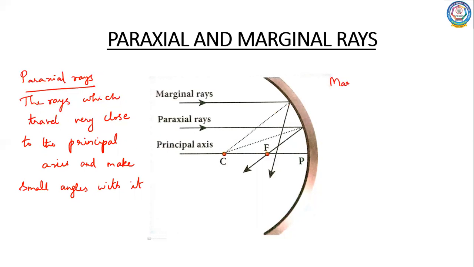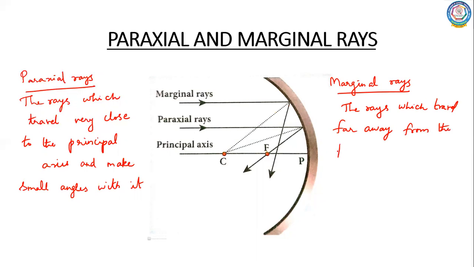And the next is marginal rays. So what are these marginal rays? Marginal rays are the rays which travel far away from the principal axis and make large angles with it.